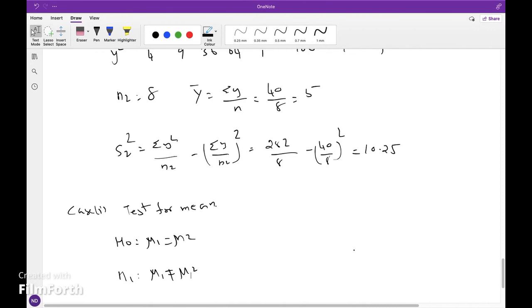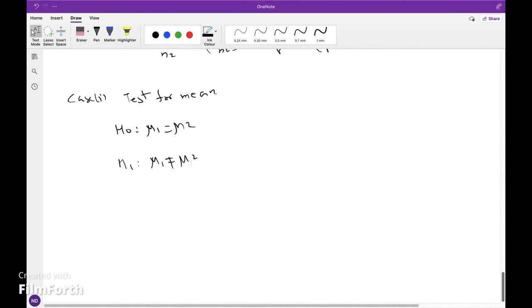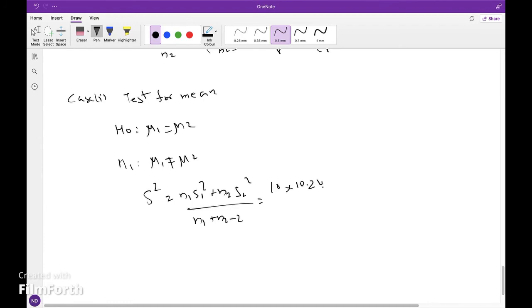The unbiased estimate of the population: S squared equal to n1 s1 squared plus n2 s2 squared by n1 plus n2 minus 2, 10 into 10.24 plus 8 into 10.25 whole divided by 10 plus 8 minus 2. Using calculator, 11.525.